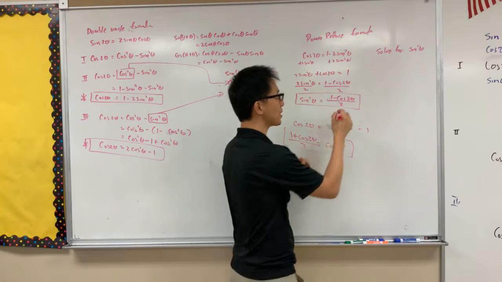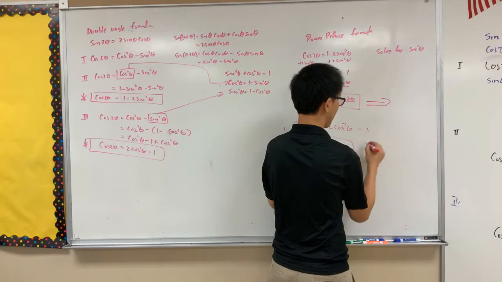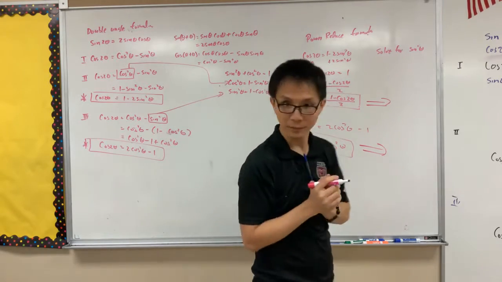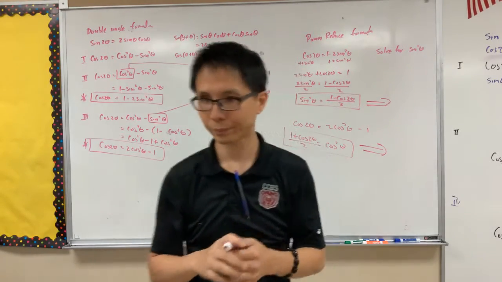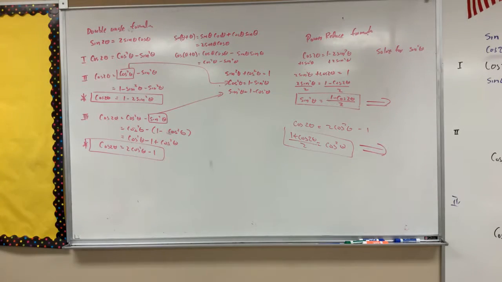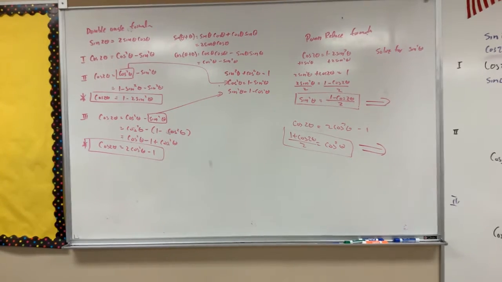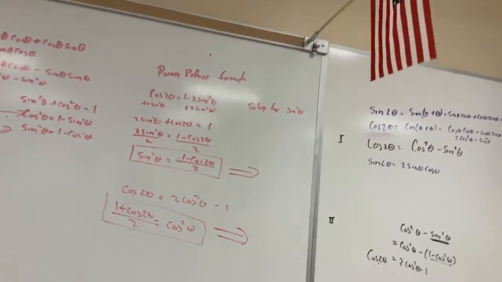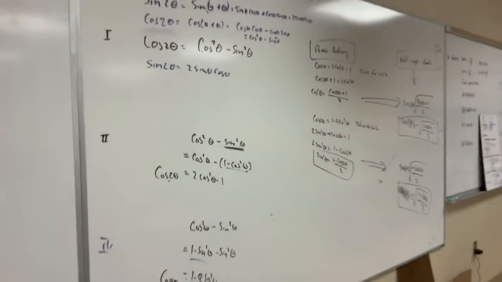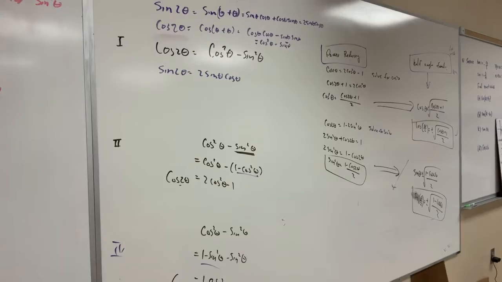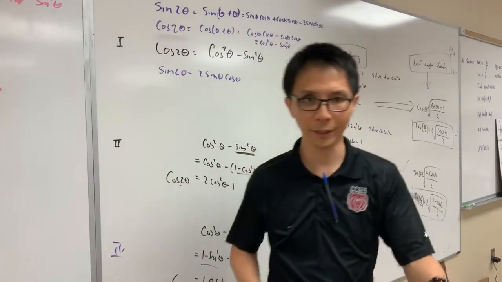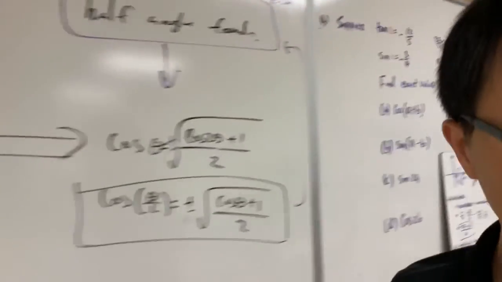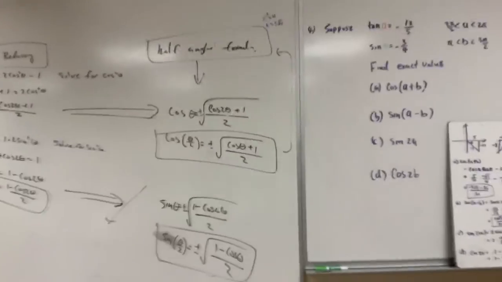Now with this, I'm going to introduce the new things. What are the new things? The half angle. Half angle, so I'm going to move to the other side. We're going to talk about half angles. Half angle is super easy.